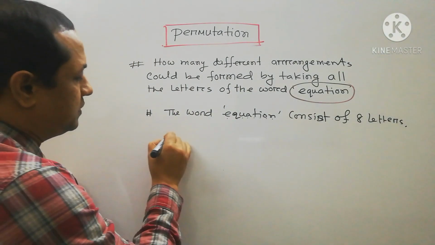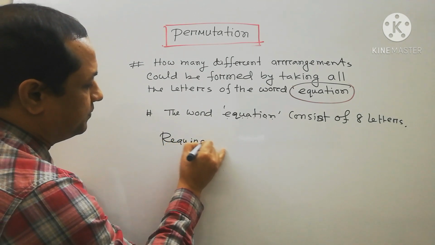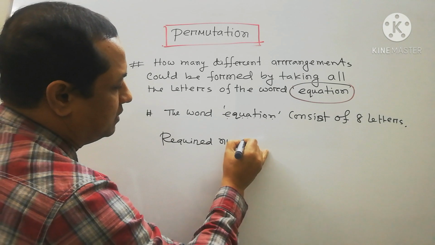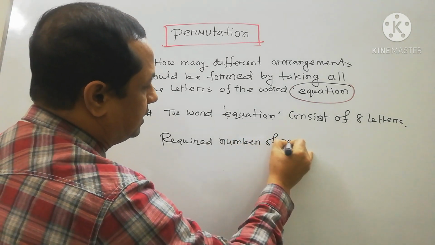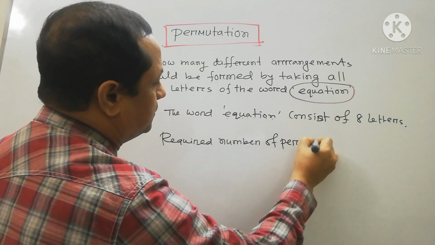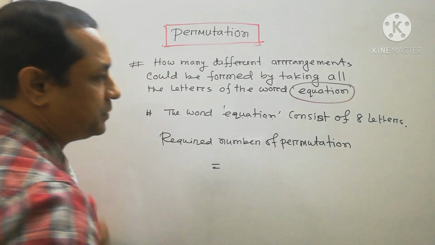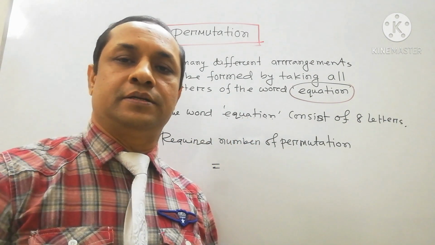So the required number of permutations or arrangements is here EQUATION, 8 different letters.